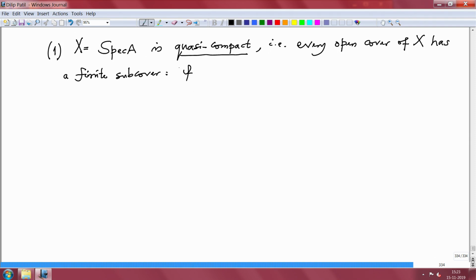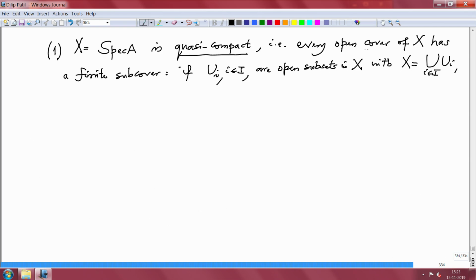If U_i, i in I, are open subsets in X with cover means full X is covered by these U_i, means X is a union of these U_i's.